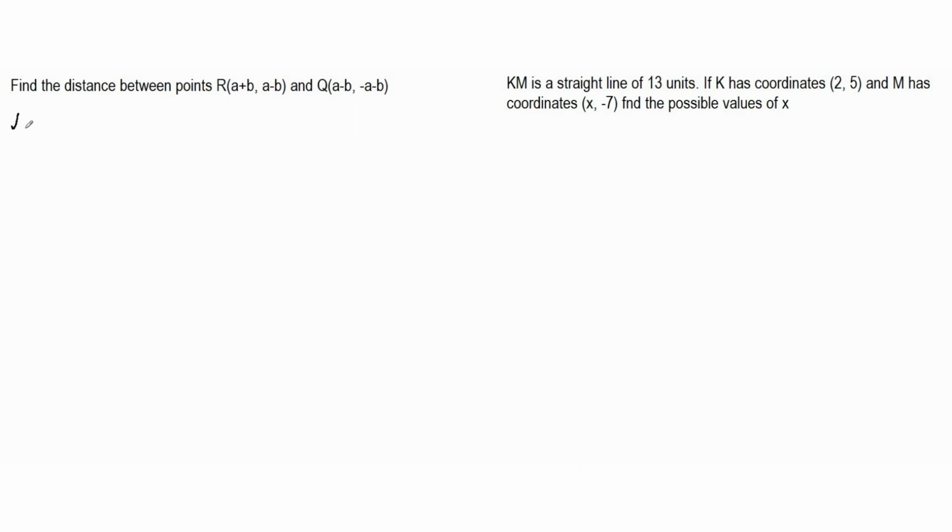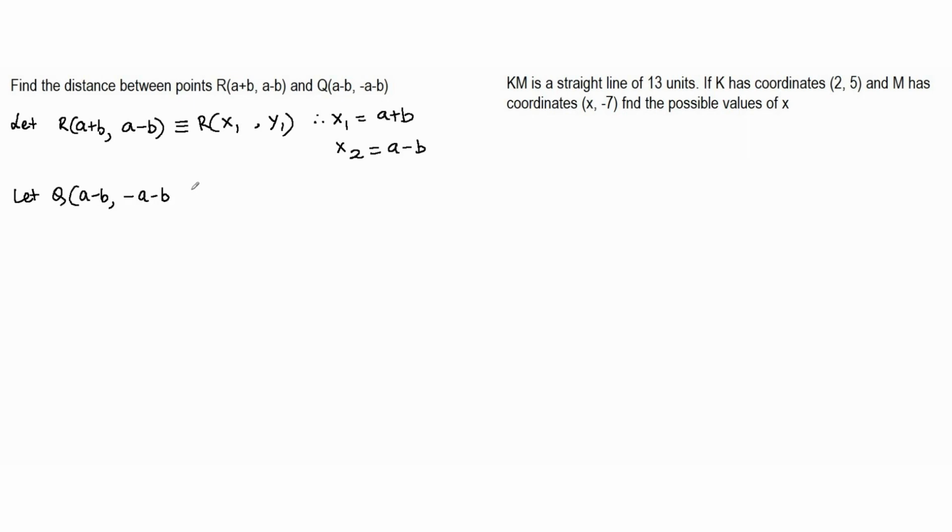So I can say let R of (A plus B, comma A minus B) be equivalent to R of (x1, comma y1), and therefore in this case x1 should be A plus B and y1 should be A minus B. Similarly, let Q of (A minus B, comma minus A minus B) be equivalent to Q of (x2, comma y2).